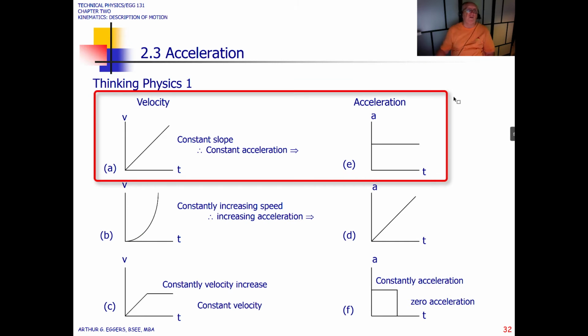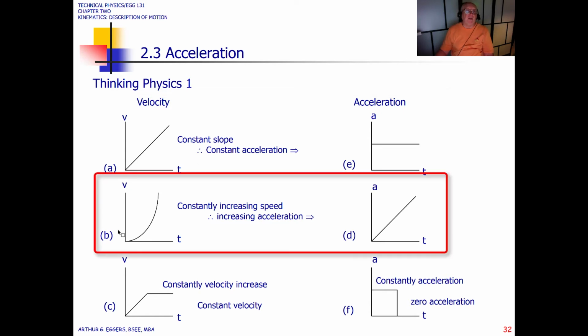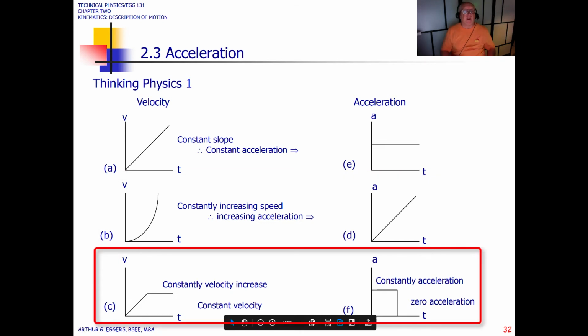Okay, so graph A, velocity, graph E, acceleration. Graph B, velocity, graph D, acceleration. And then finally, C, here we've combined two graphs together. In this case, we've got a constant slope and then a slope of 0. So when we plot the acceleration based on that, you can see that we have constant acceleration for the first part, and then for the second part, we have 0 acceleration.